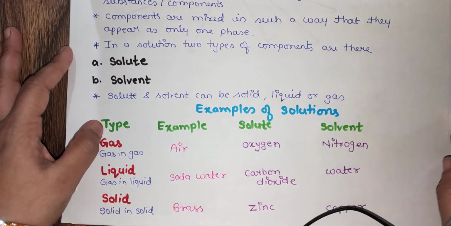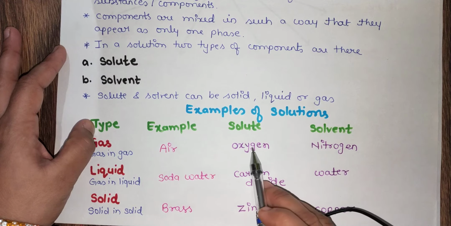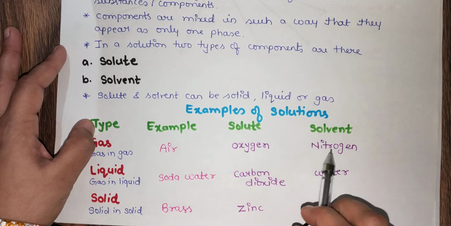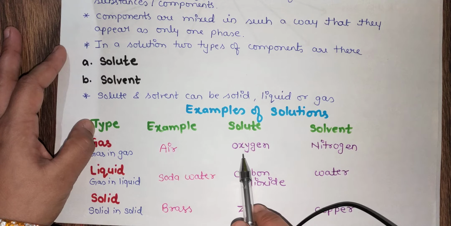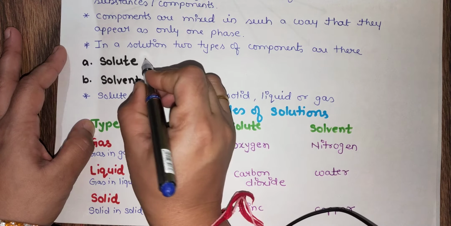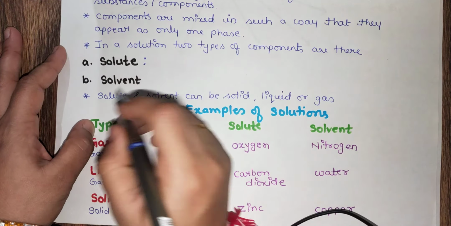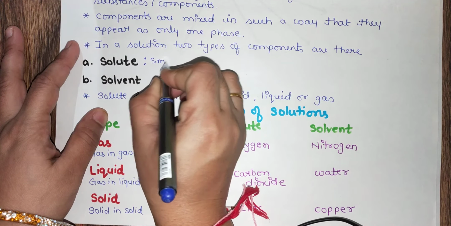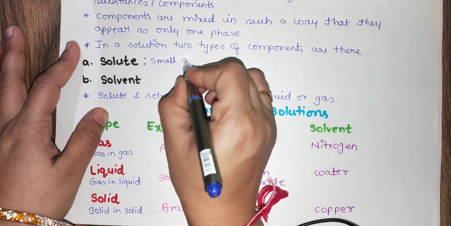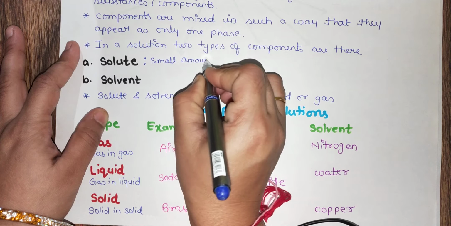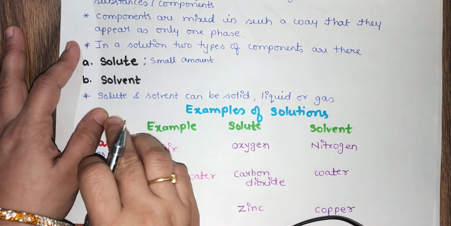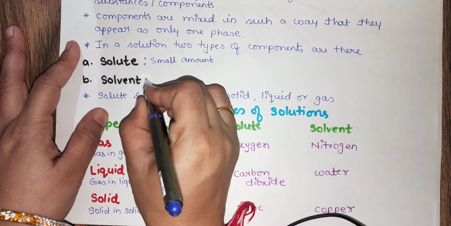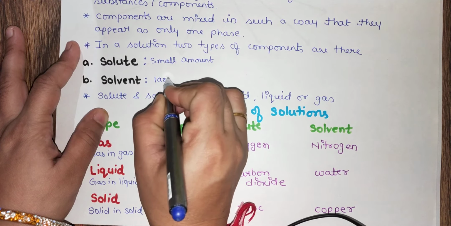Because in it solute is present and solvent is present. What is solute? Solute is generally the substance which is present in small amount or quantity, whereas the solvent is in large quantity.